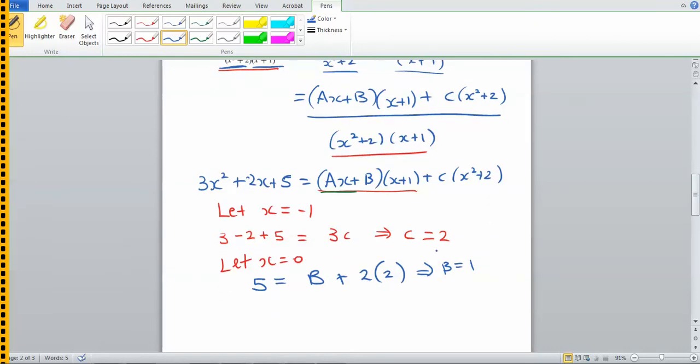So let's just let x equal anything, because we're only going to have one unknown. Let's let x equal 1.